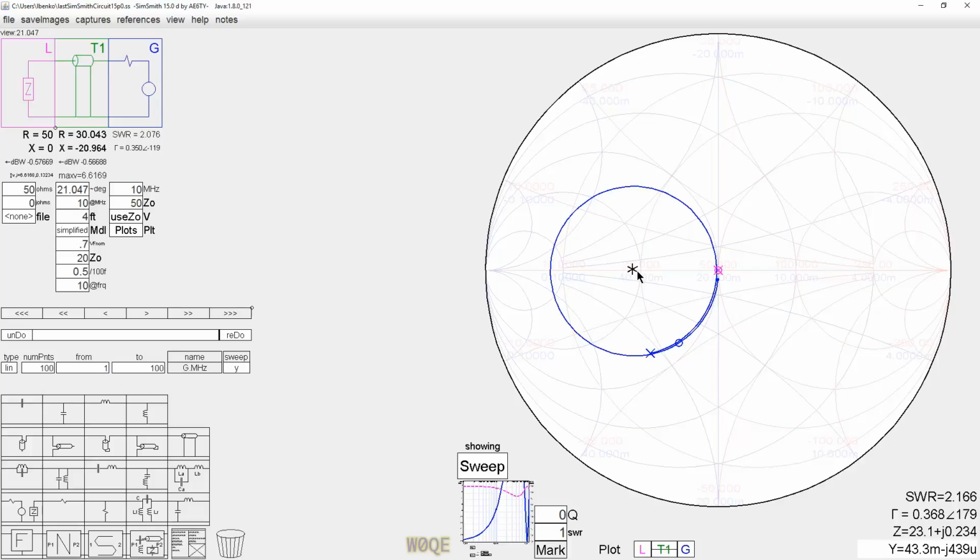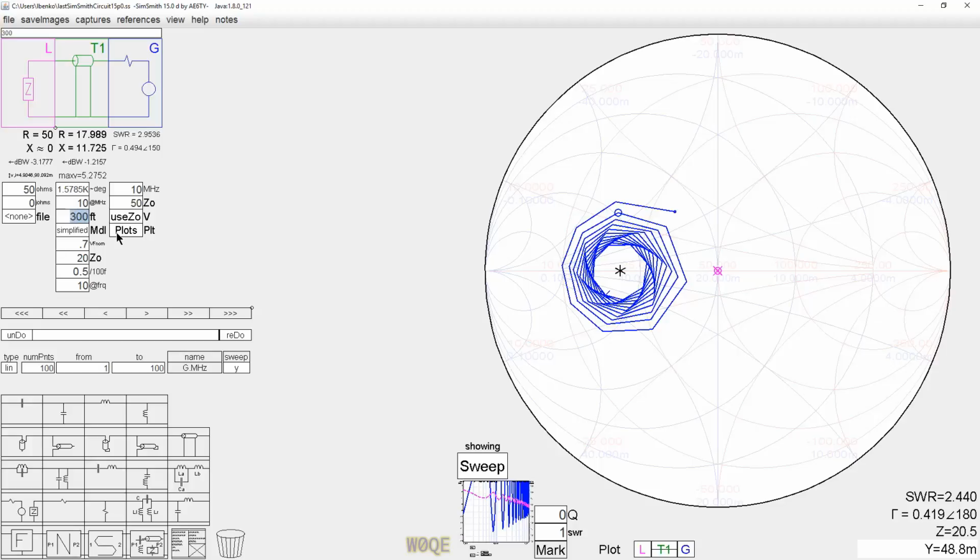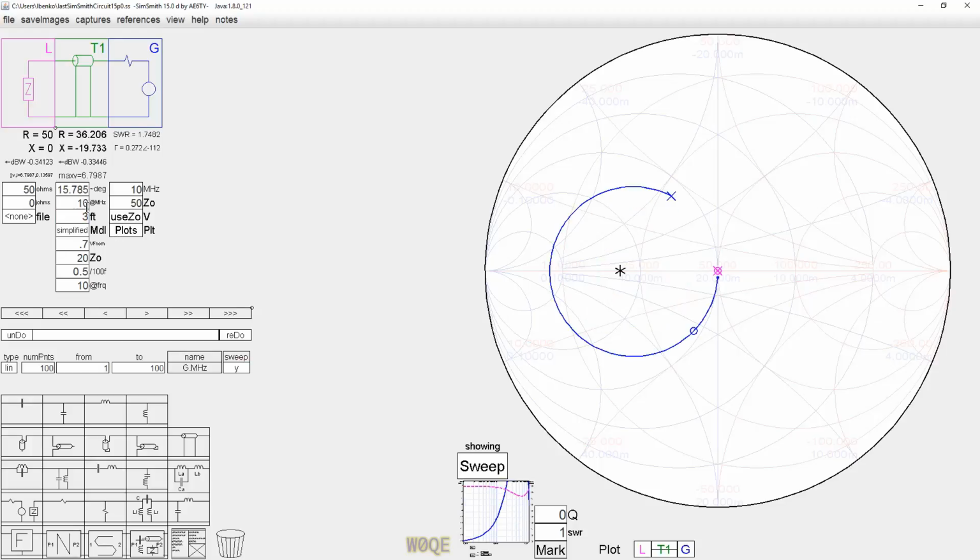It's the point where this converges to. If I make this line longer and longer, we start to see it converging out here, right about there. That's not in the center, but it tells us which direction it is.